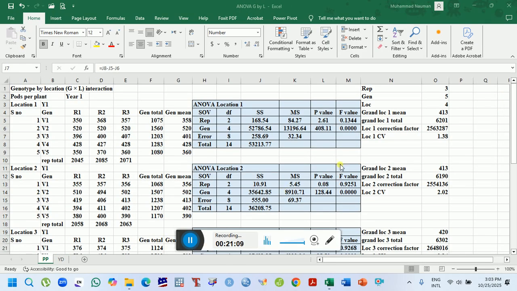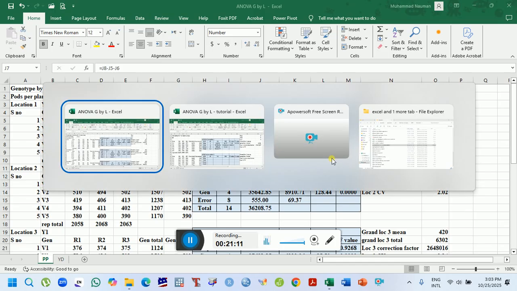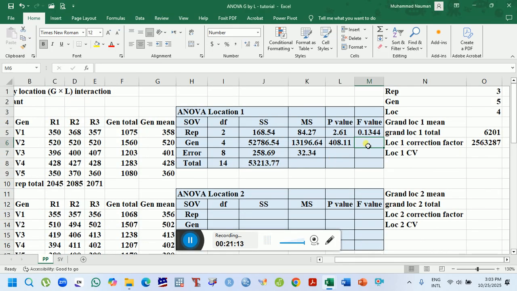Okay, and now we will calculate the genotype Fisher value to know about its significance.